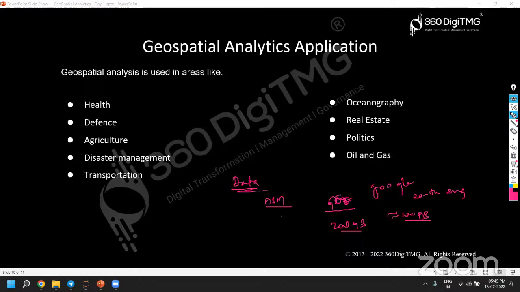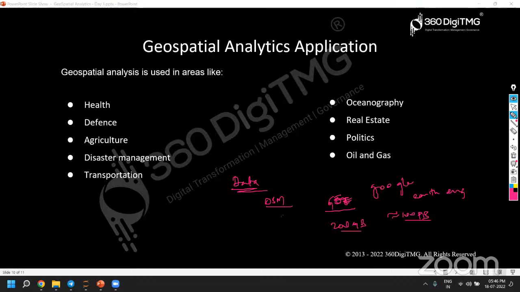We will be looking at various solutions, and we can try and learn how real world problems can be solved using geospatial analytics. And if I talk about the various other concepts, we will be literally doing the hands-on.